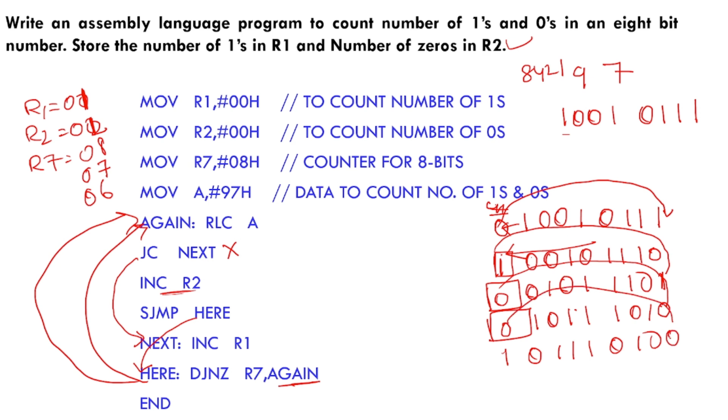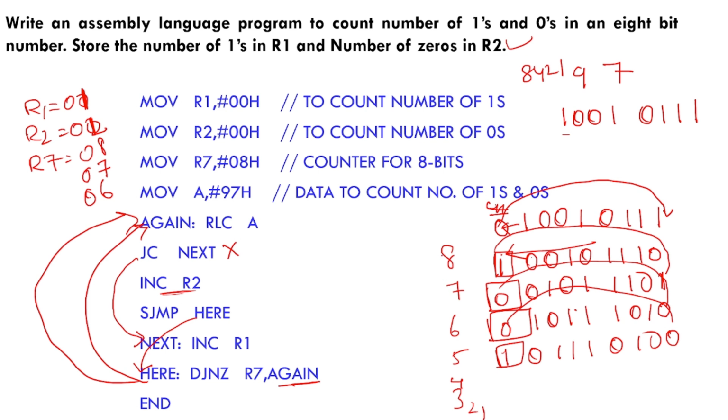So it will come here, right? So now we have a carry. This is your 8th rotation, this is your 7th, this is your 6th, and this is your 5th. Similarly you need to do it for 4, 3, 2, 1.